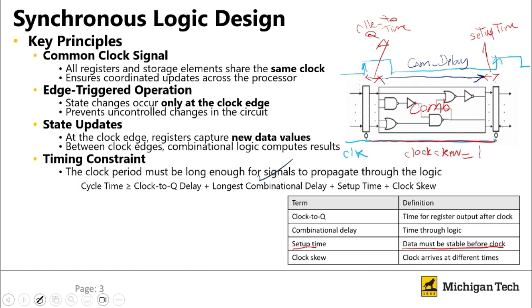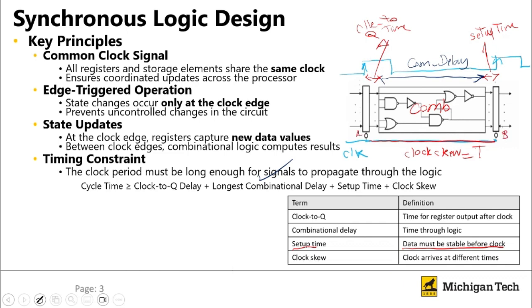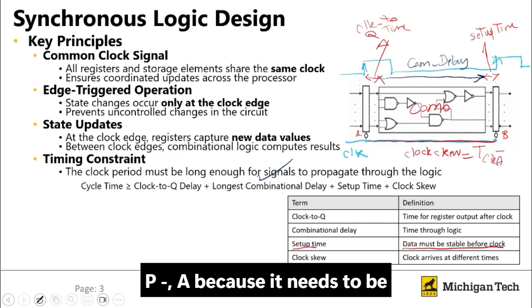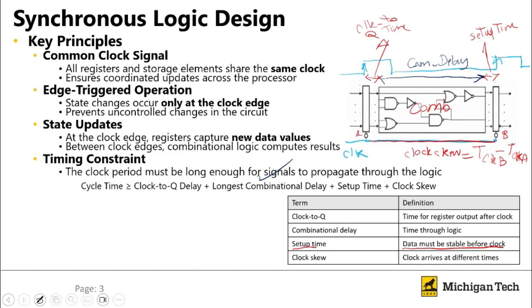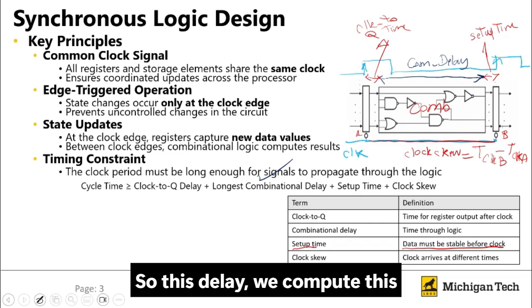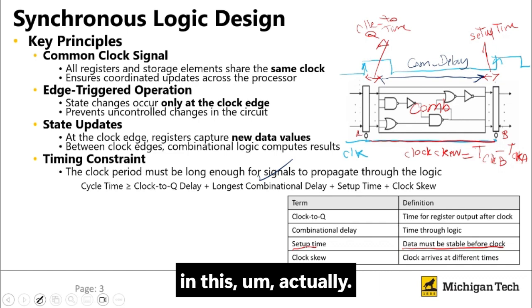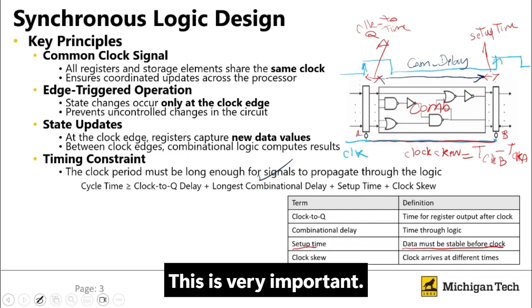For example, you have two registers, A and B. It is T clock B minus T clock A, because it needs to be positive. We compute this delay and we add that also in this constraint. This is a timing constraint.